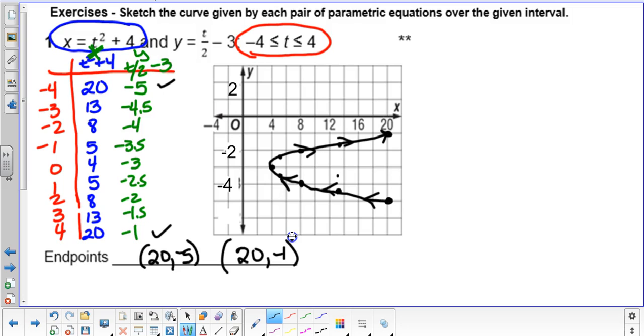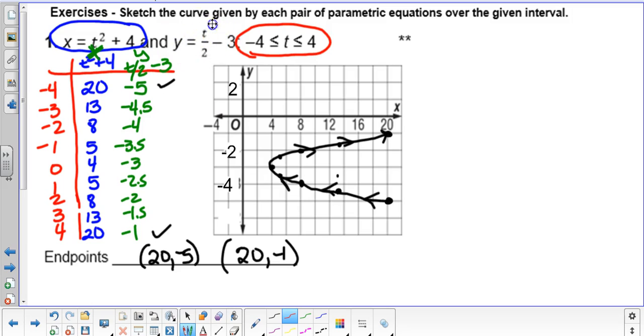Is this a function when we graph it? No. If we tried to eliminate the t on this one, it would probably be easier to do it this way, right?